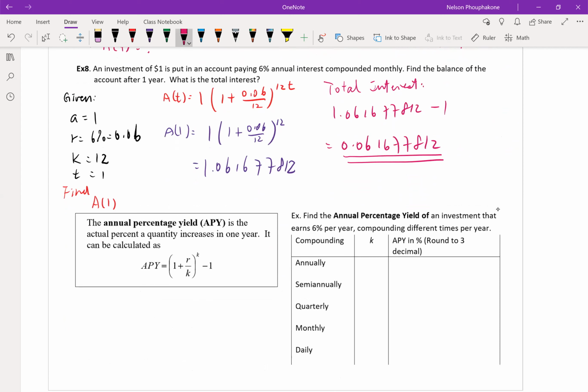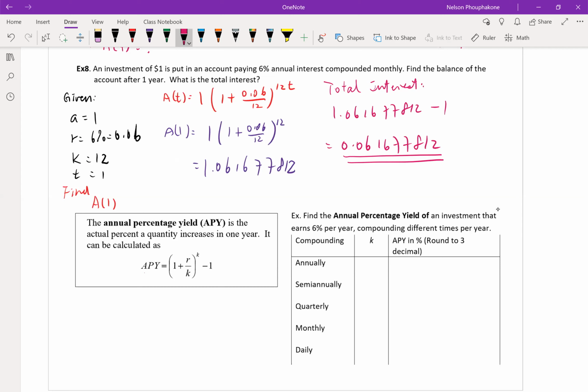The annual percentage yield is the actual percent a quantity increases in 1 year. This can be calculated as APY. The annual percentage yield is 1 plus R over K raised to the power K, minus 1. You will see that it's just like this.